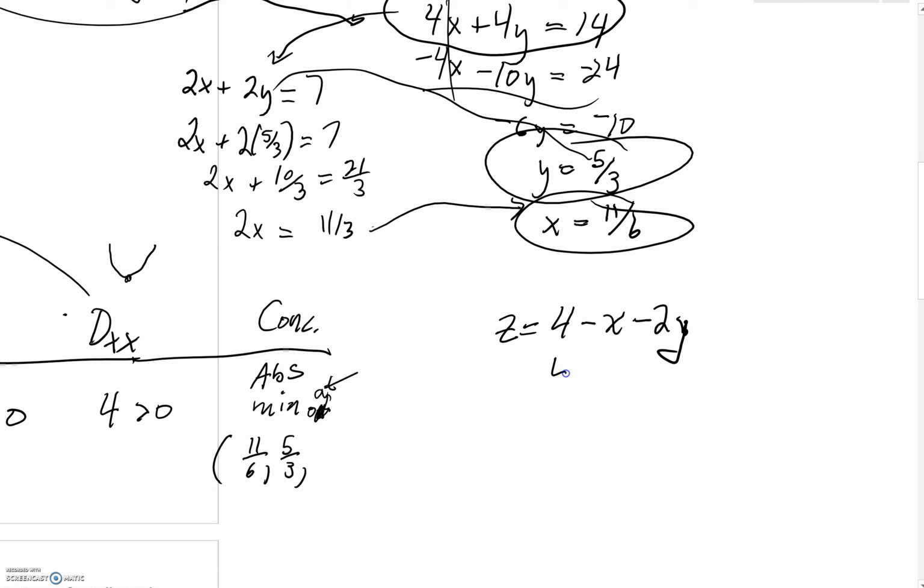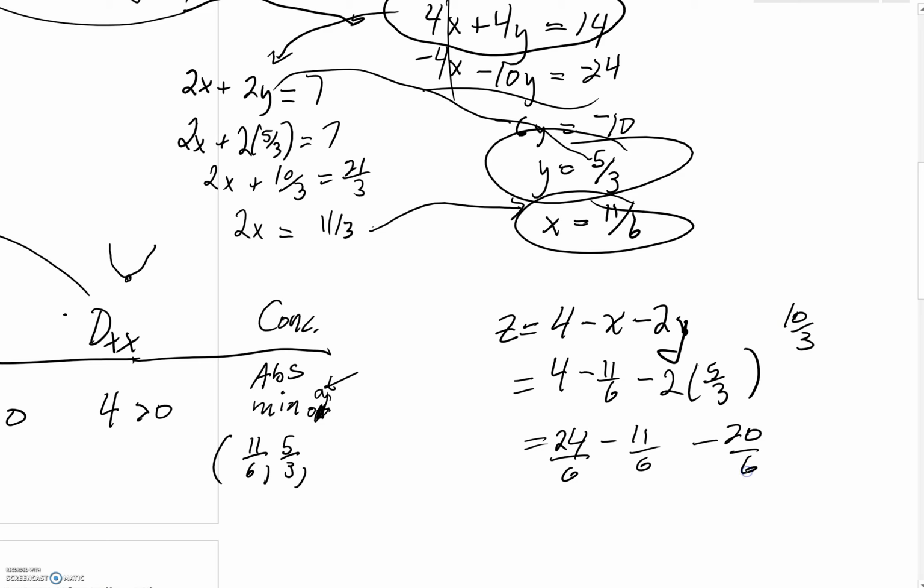Okay? So if we were to plug in 11 over 6 and 2 times 5/3, as we're working this thing out, this is going to be 4 minus 11 over 6. Well, we can even get a denominator of 6 right here. This is 24 over 6 minus 11 over 6. This is 10/3, which becomes 20 over 6.